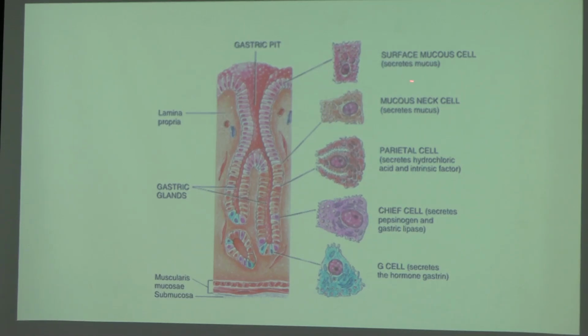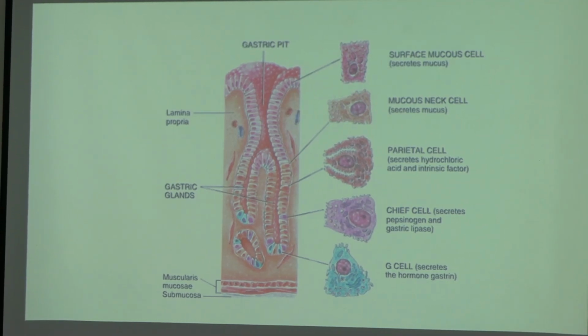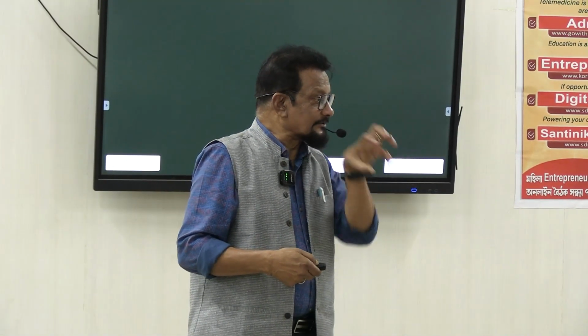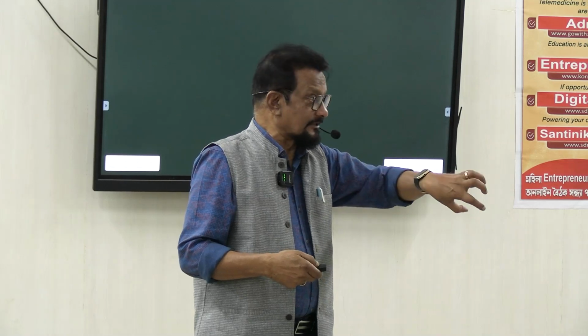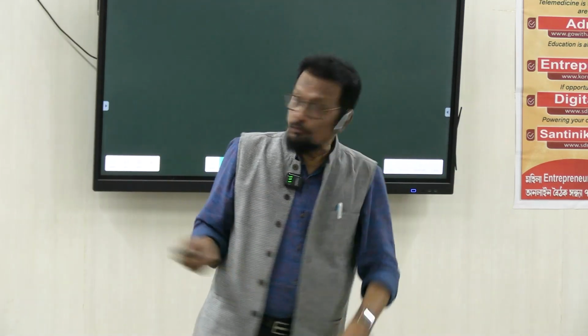What are these cells? These are the mucus cells. They will produce mucin. What is the function of mucin? This will protect the surface of the stomach from hydrochloric acid. Otherwise there will be erosion and ulceration, so it is prevented by mucin.